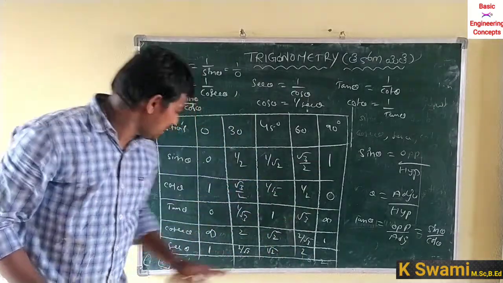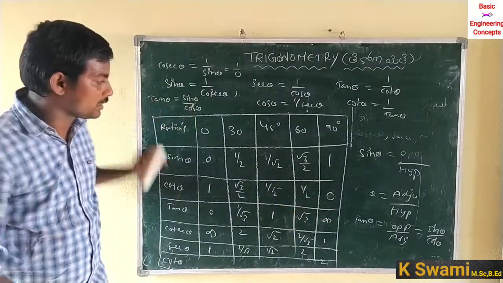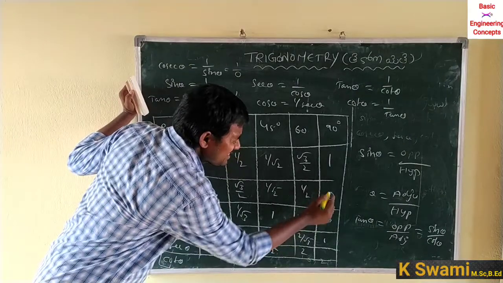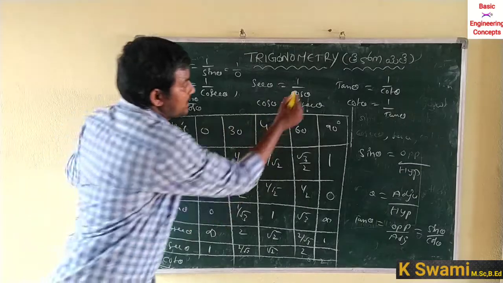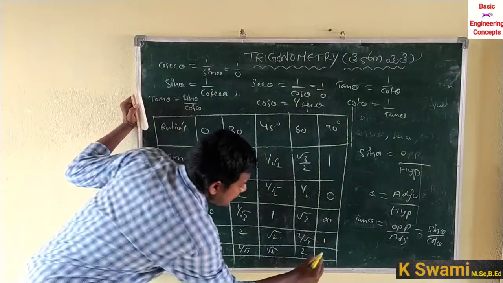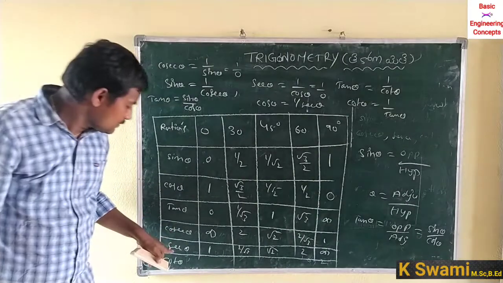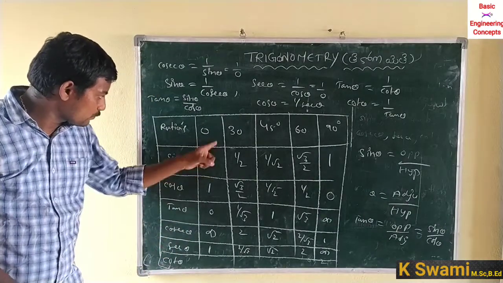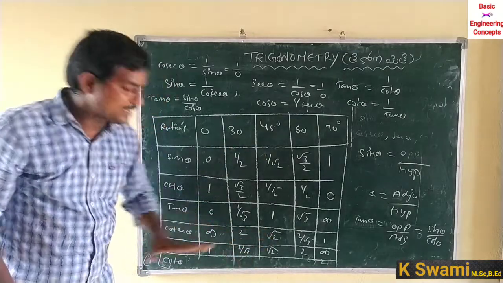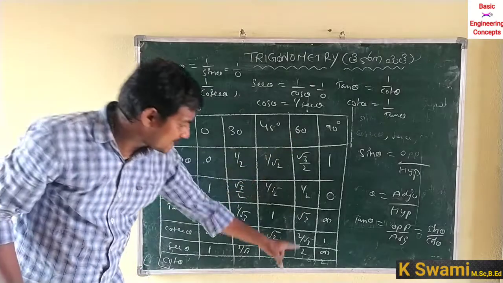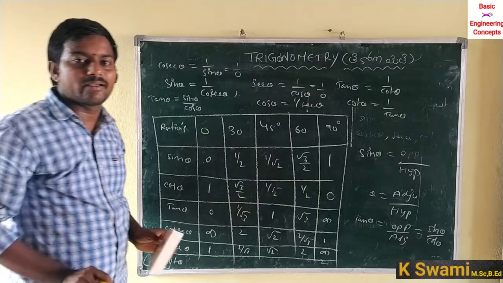And secant theta is 1 by cos 90, which is 1 by 0, undefined. So finally, secant 0 is 1, secant 30 degrees is equal to 2 by root 3, secant 45 degrees is equal to root 2, secant 60 degrees is equal to 2, and secant 90 degrees is undefined, infinity.